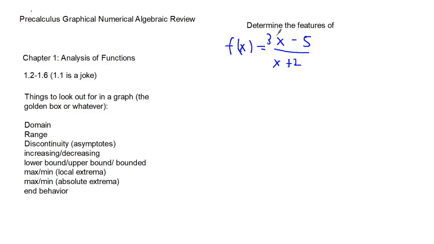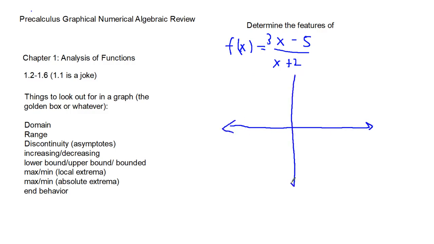We're going to put them into f of x equals (3x minus 5) over (x plus 2). So what's the domain of this function? We can use a graph because it's allowed, right? I'm just going to draw the graph right now.